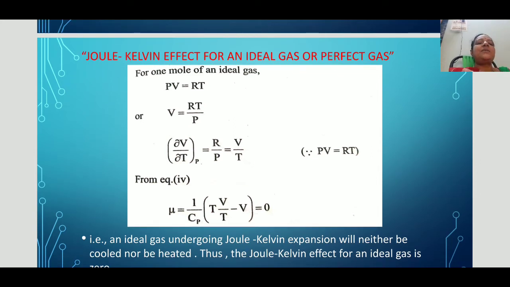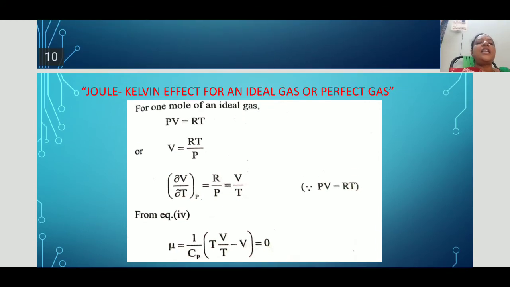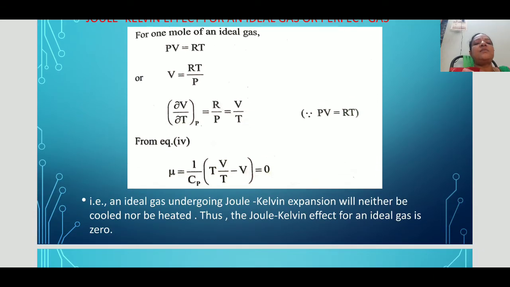So just substitute this dou V by dou T at constant P of ideal gas in the JK coefficient equation, that is mu is equal to 1 by Cp, T in place of dou V by dou T at constant P, V by T, minus V is equal to 0. Here we understand that mu is equal to 0.